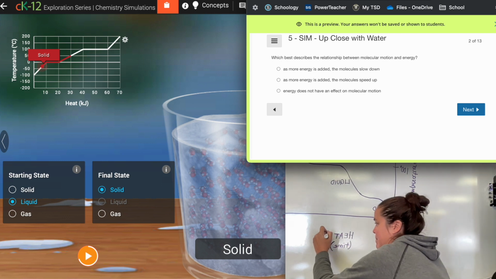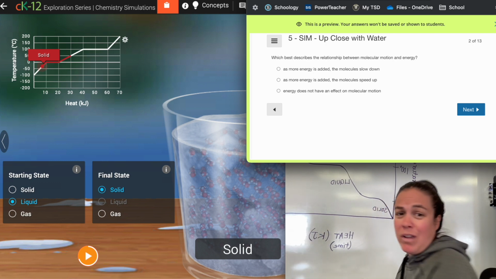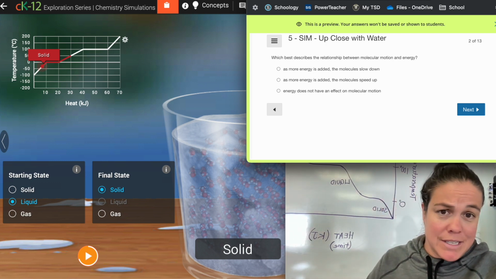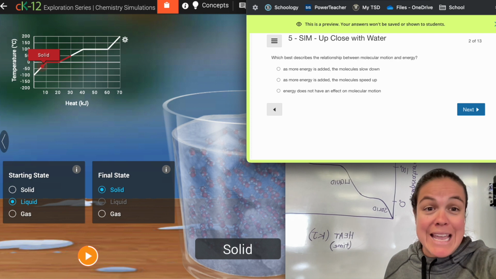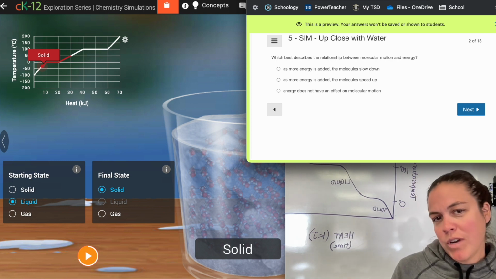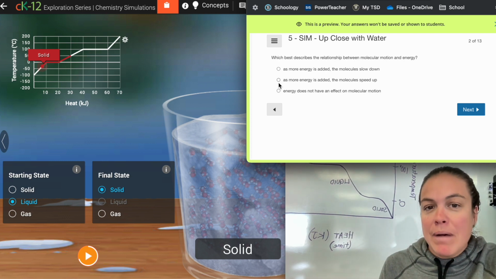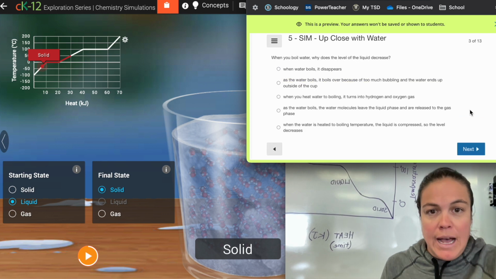Before it was time, but now it says that it's heat in something we call kilojoules. And you don't have to understand exactly what that is, but heat is a form of energy. And so maybe that's why this one was tricky. As more energy is added, the molecules are going to speed up.